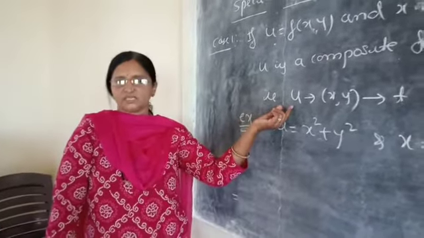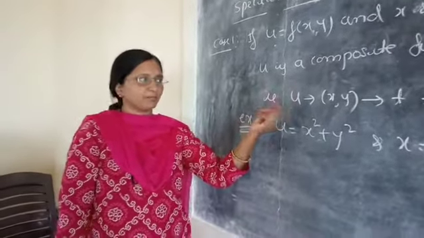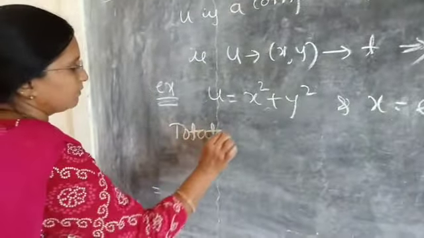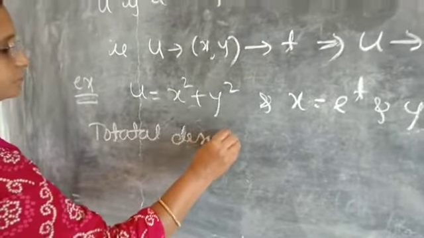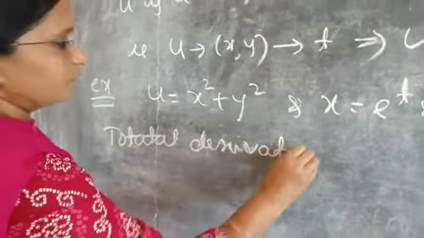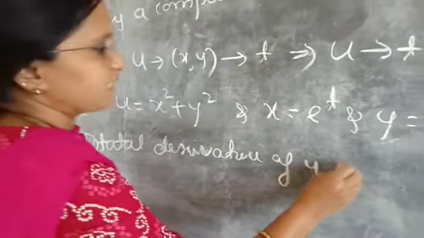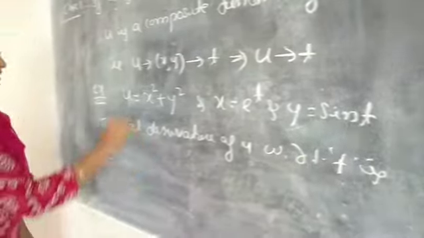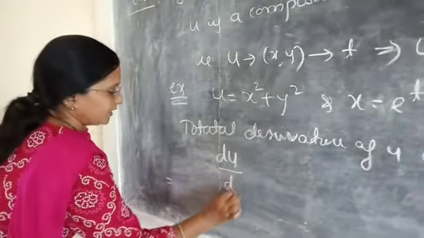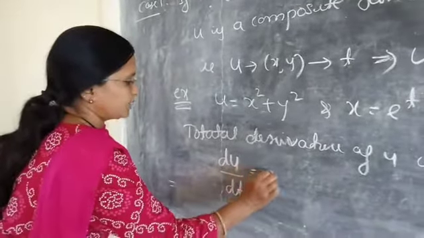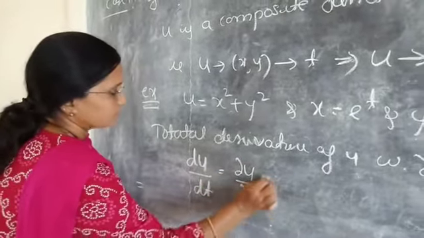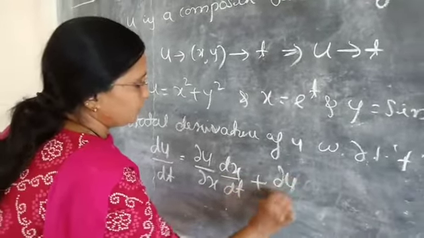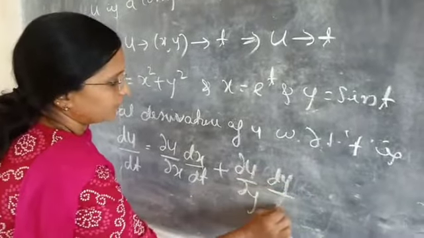If the given function is in this form, then its total derivative is given by du by dt is equal to dou u by dou x into dx by dt, plus dou u by dou y into dy by dt.